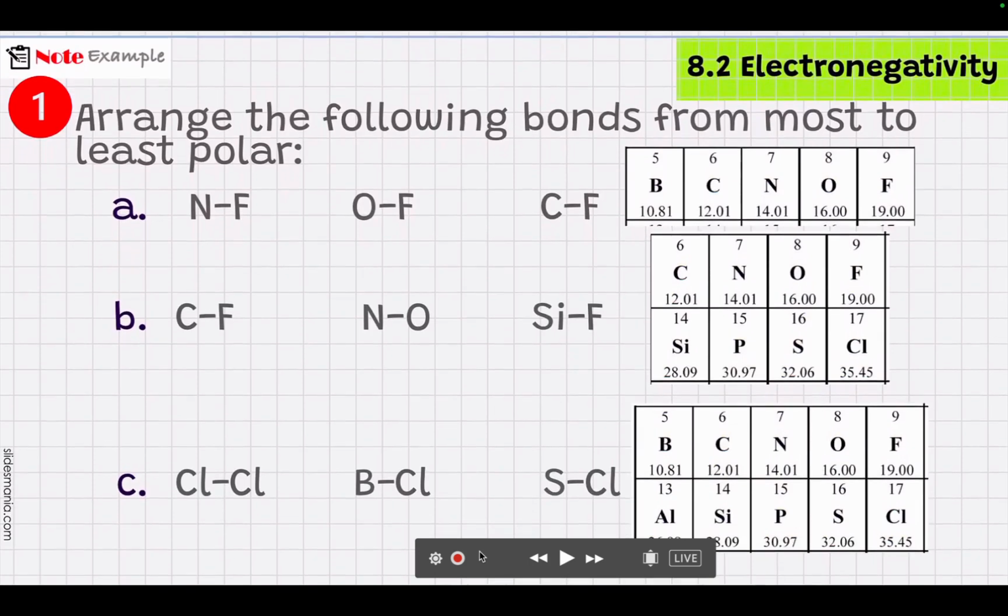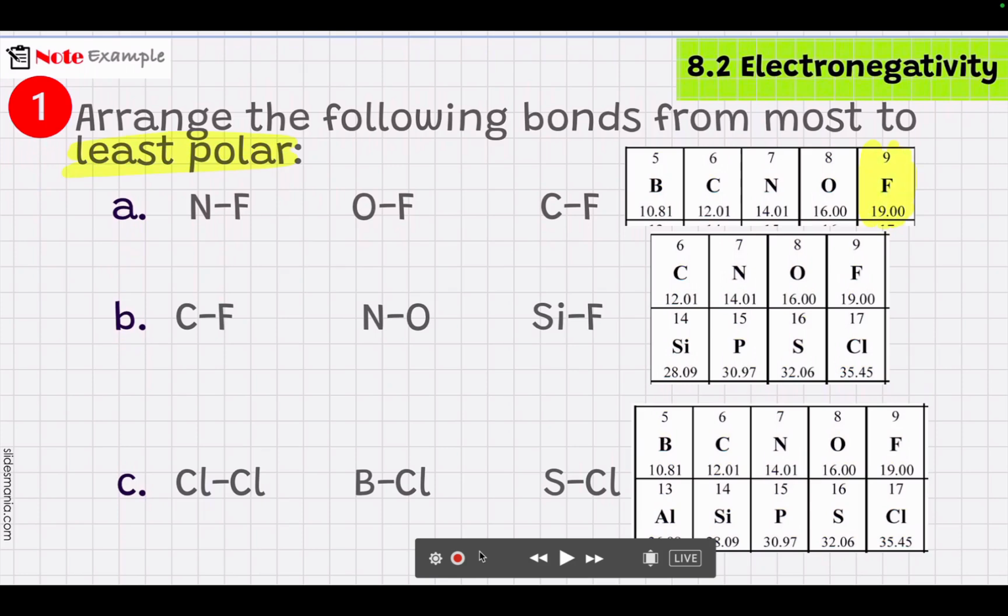But let's do a couple of questions here. Now we're looking at which of the bonds is going to be the least polar here. We're going to try not to use any electronegativity values because we don't really need them. We can just use the trend in the periodic table. So for letter A, notice they all have fluorine.